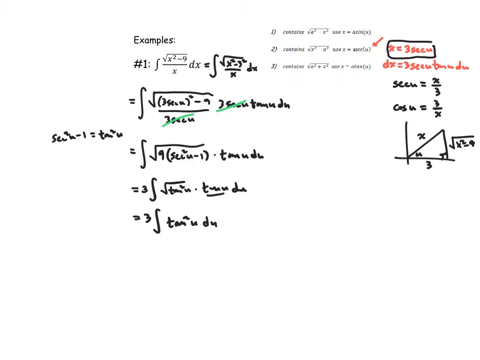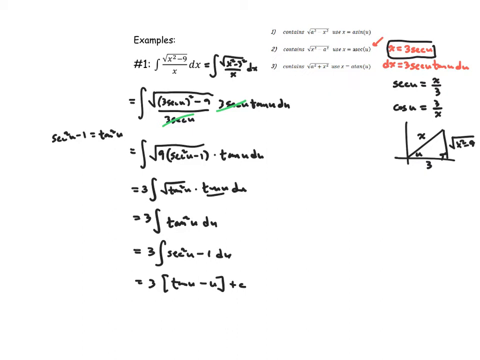You could try integration by parts if you wanted to. I'm not going to do that. I'm actually going to use the shortcut I used earlier and write tangent squared as secant squared u minus 1. All right, because I know that the integral of secant squared is tangent u, and the integral of 1 is u. All right, now what I need to do is I got to put this back in terms of x.